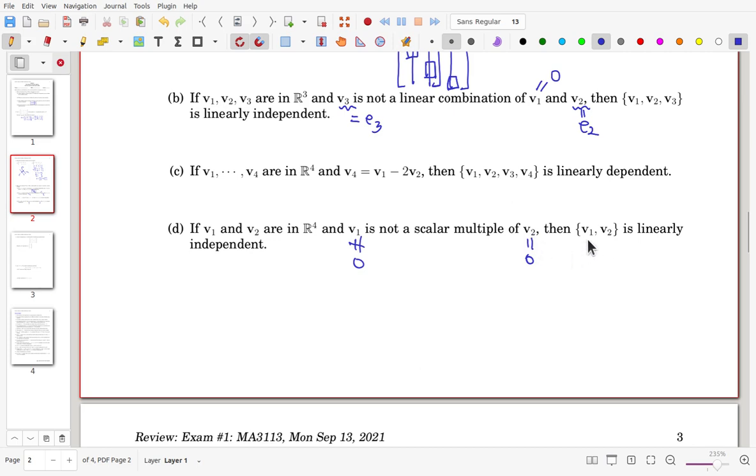But here, the collection of these two vectors cannot be linearly independent. V2 is 0, then this set must be linearly dependent. So the given statement is wrong, false.